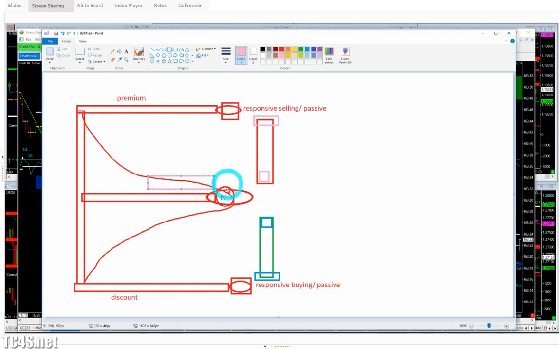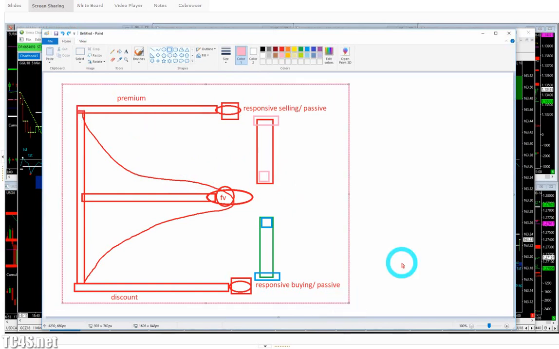Because if you sell up here, not everybody's going to buy it back at fair value. Some will buy it back above fair value, a little bit above fair value, really above fair value. And that buying from that top edge sell is going to be responsive buying coming in for profit taking, isn't it? So when we see this little process, we can start identifying normal responses. These are normal responses, aren't they?